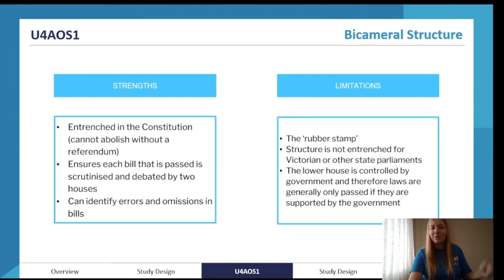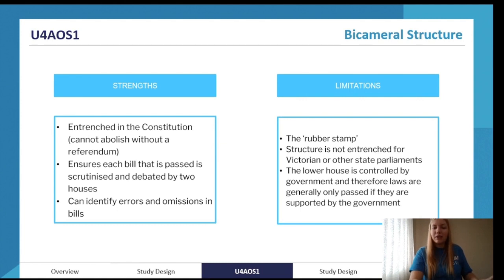It will just stamp on laws, give them a passive approval, and they will pass on and become legislation. In this case, the party that's forming government in the lower house also has the majority of seats in the Senate. And they have more than 50% of people, so they can just approve those laws and get them passed. Of course, this is a huge, huge disadvantage.